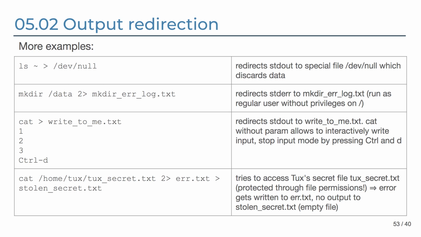He wants to print out the secret. He doesn't have the permissions, so permission denied will be raised and printed out to error.txt. But if he would succeed, he would get it into stolen secret.txt. And because there is no standard out, the command only produced errors, this file will be empty, and the other one will have the permission denied string.